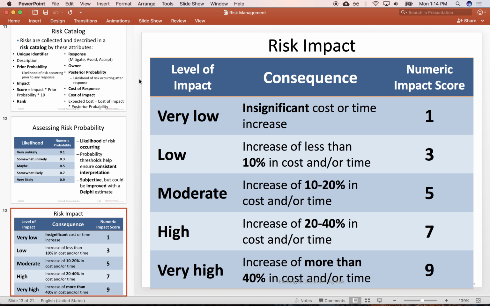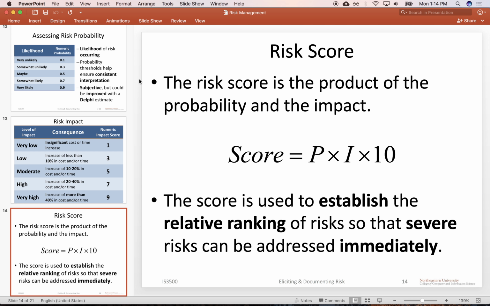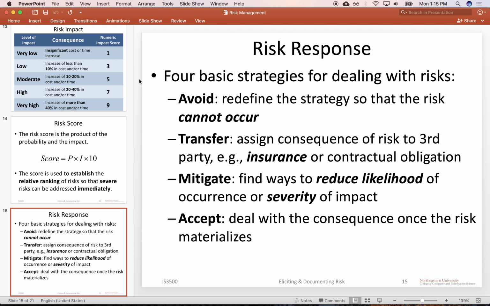Then we can score them by multiplying the probability of occurrence and the impact, and we can scale it any way we want. But multiplying by 10 gives you a nice number between 0 and 100 that we can use as a relative ranking across multiple risks.